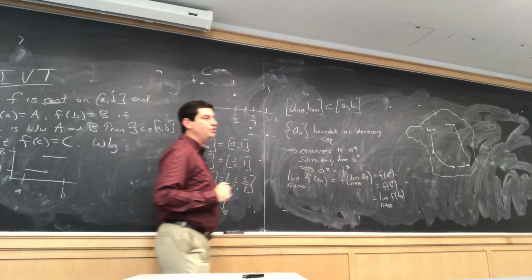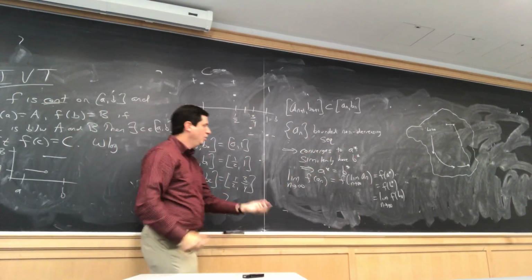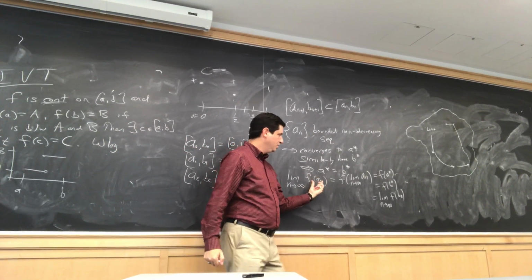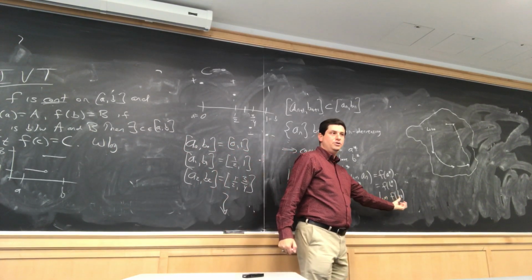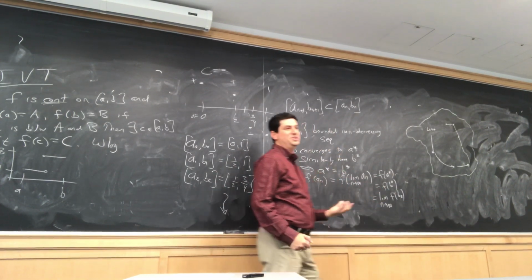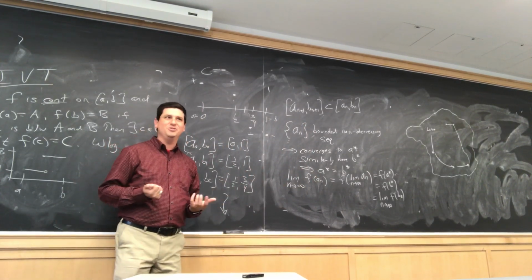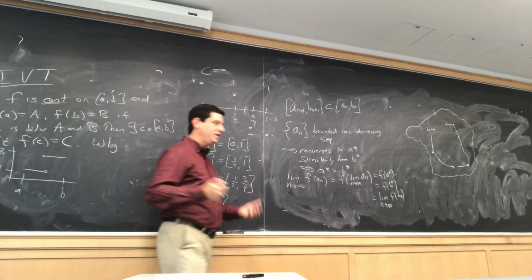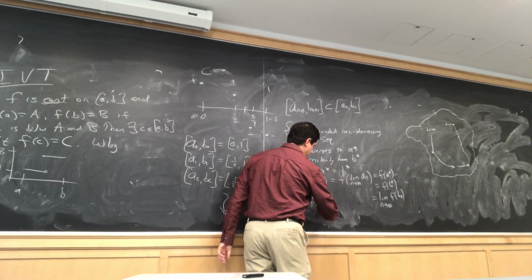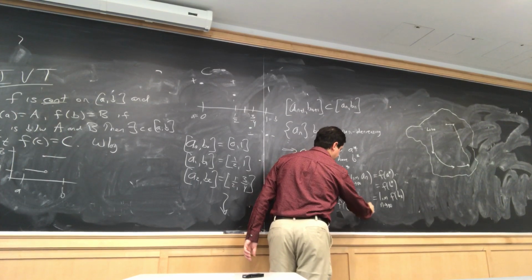So this is where we're using continuity. We have a sequence of points that are getting closer and closer. On this side, we're always greater than or equal to 0. On this side, we're always less than or equal to 0. And they have the same limit. So I need a number that's both greater than or equal to 0 and less than or equal to 0. There's only one candidate. This implies f of A star equals f of B star equals 0.